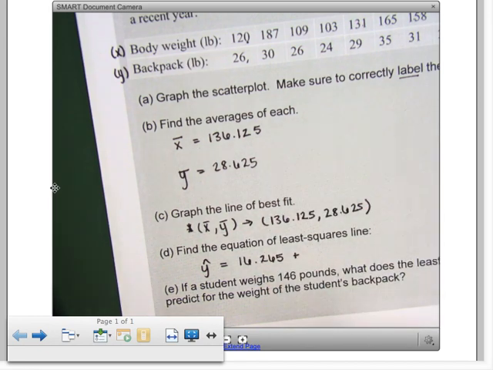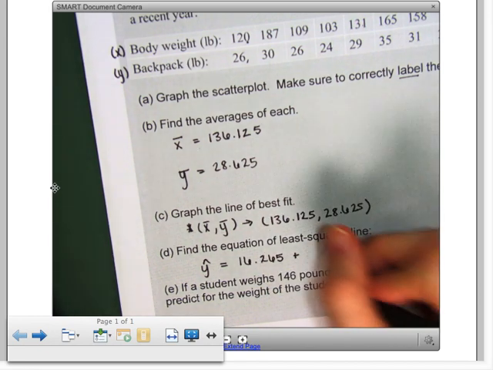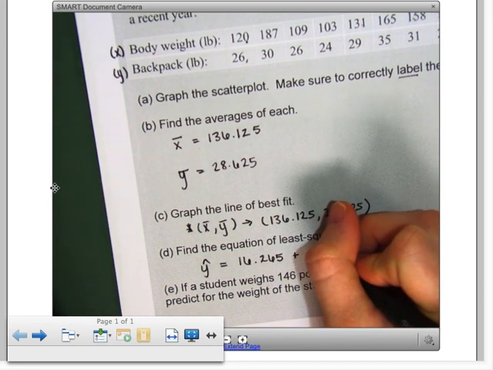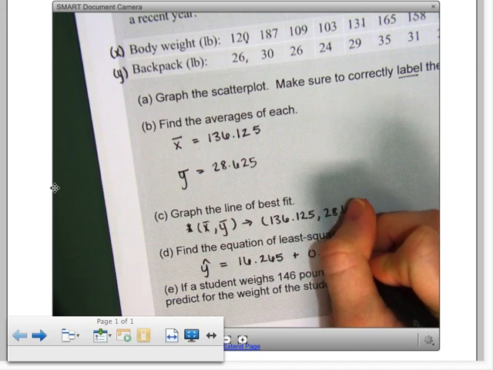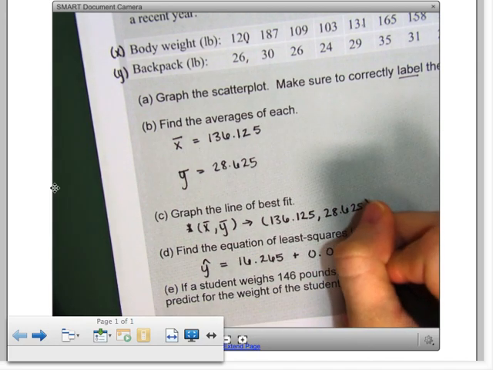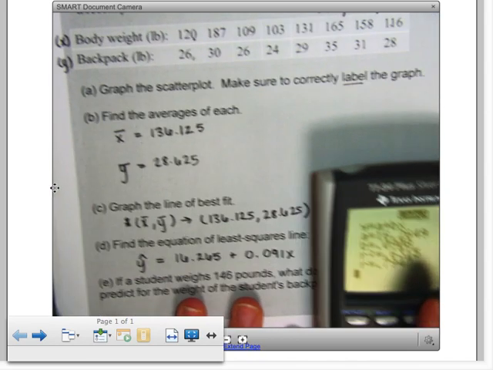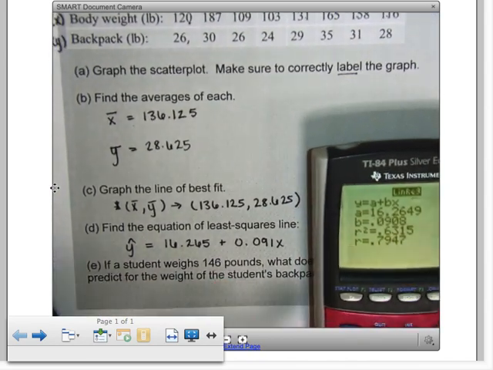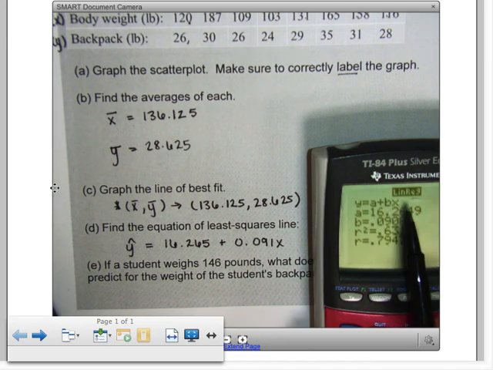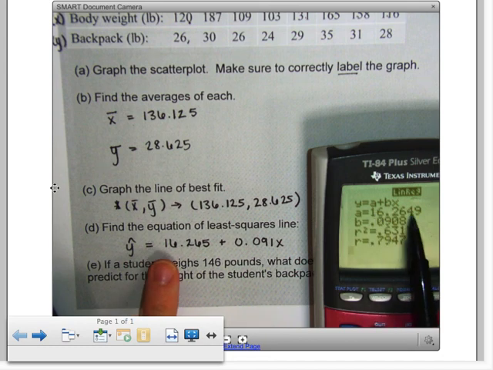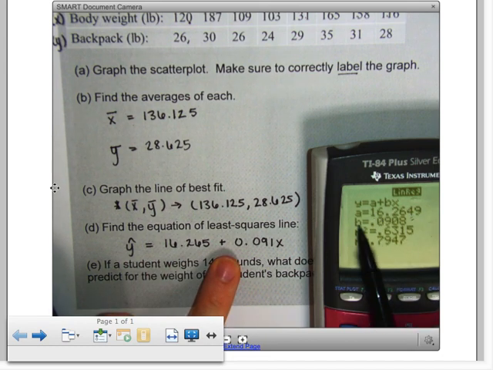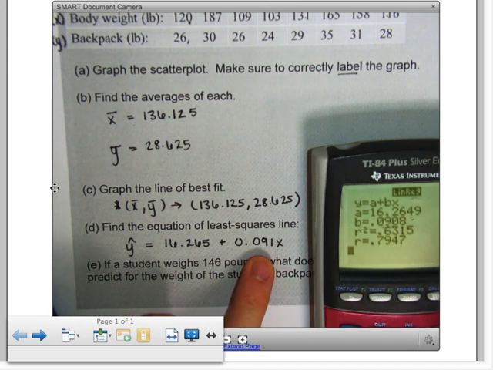So that's a, and then we have plus b is 0.091 x. Okay, so this all came from my calculator. So we know y is a plus bx. So we have y equals a plus b times x.